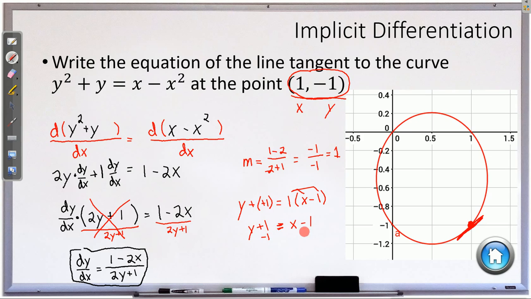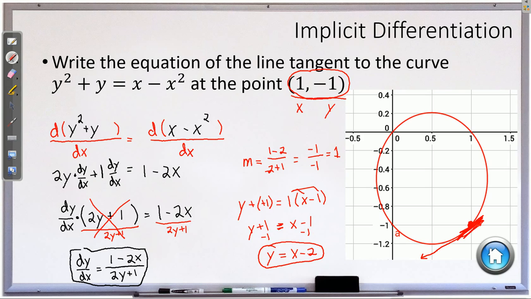And subtract 1 from both sides. x minus 2. So there is the equation of this line. The slope looked good. That looks like a slope of 1. Does it look like our y-intercept is going to be negative 2? Well, if this is negative 1, negative 1.2, yeah, it looks like somewhere down here will be negative 2. Looks like we're doing okay.